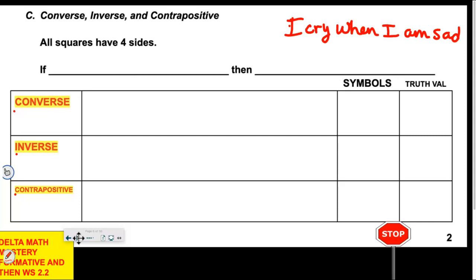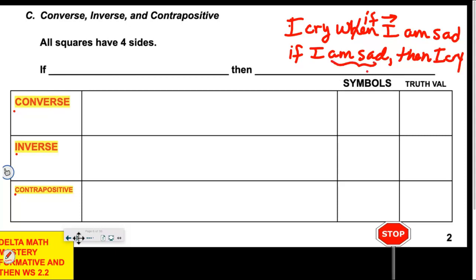I'm going to replace the when with the if, and I would write it as, if I am sad, then I cry. Okay? So this again would be considered the P, or the hypothesis, and this, I cry, would be what happens at the end of the situation. After I'm sad, I start crying. It's my conclusion. All right?